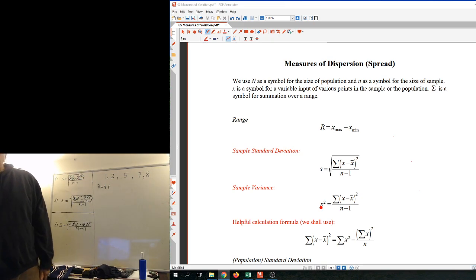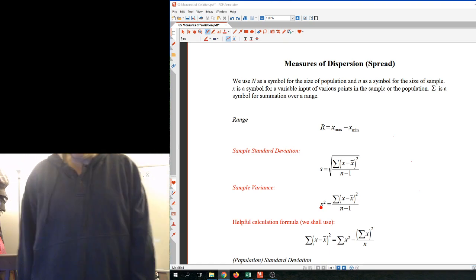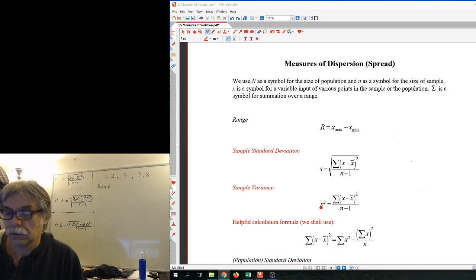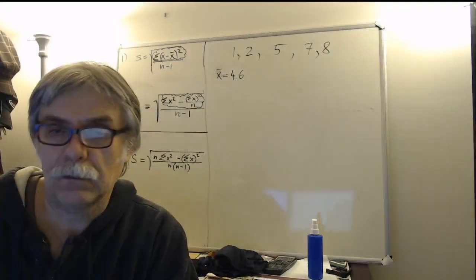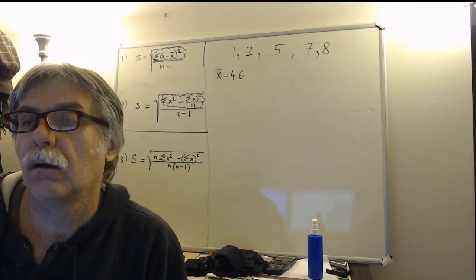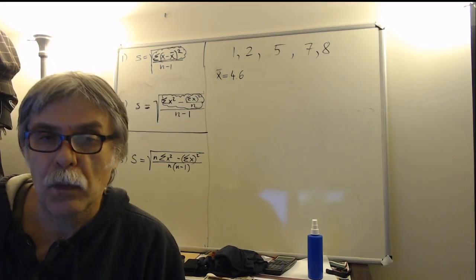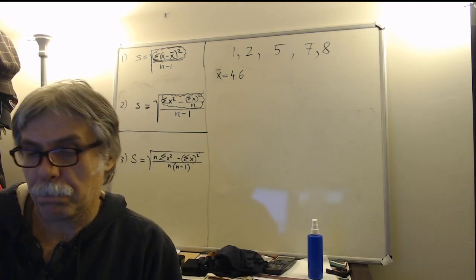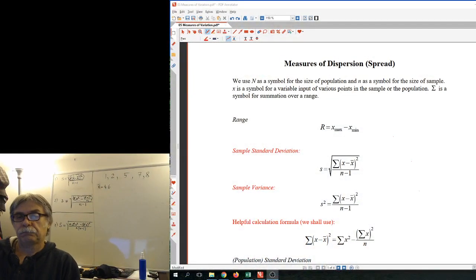And then we have this formula that has the same idea, of calculating average displacement away from the mean.